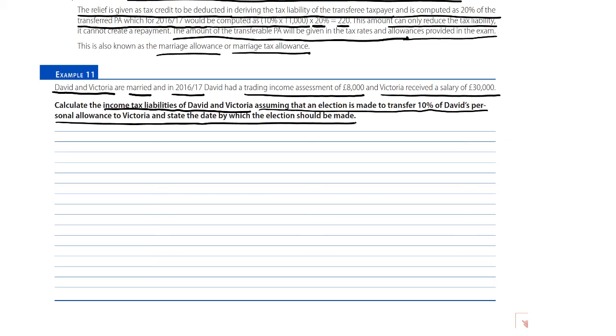So here, David, let's look at his income tax computation to begin with. Now, we know that with a trading income assessment of only £8,000 and no other sources of income, he's very clearly going to be a non-taxpayer. But what would his computation look like?